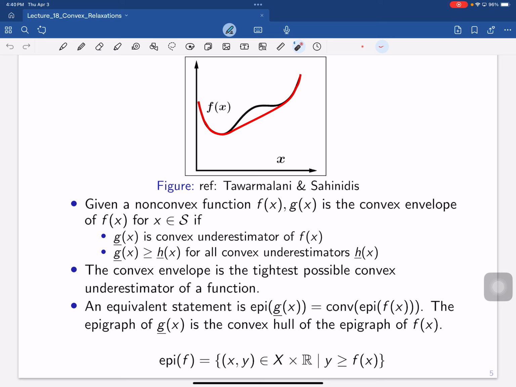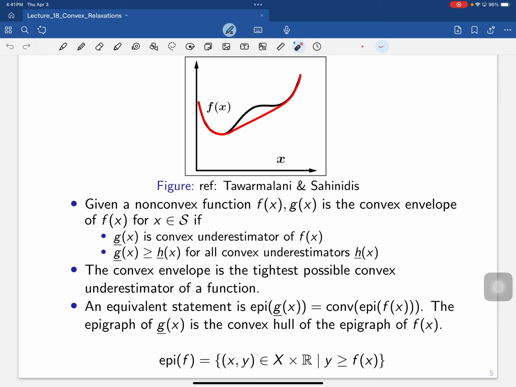Then G underbar x is greater than or equal to H underbar x for all convex underestimators H. Essentially, G underbar of x is the convex underestimator that is greater than or equal to any convex underestimator you can find. In other words, it is the tightest convex underestimator.